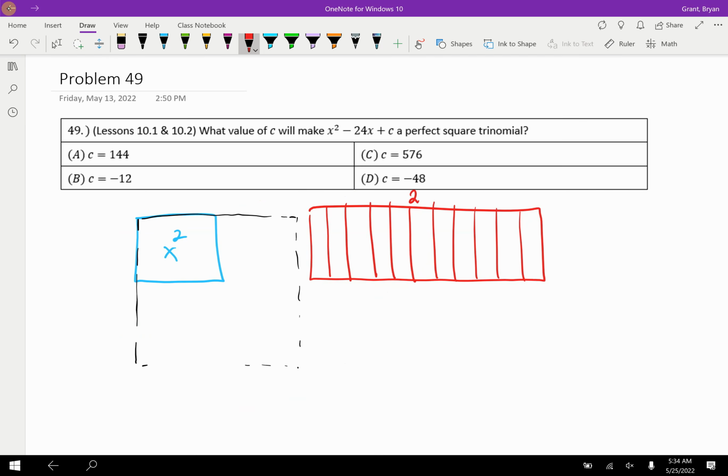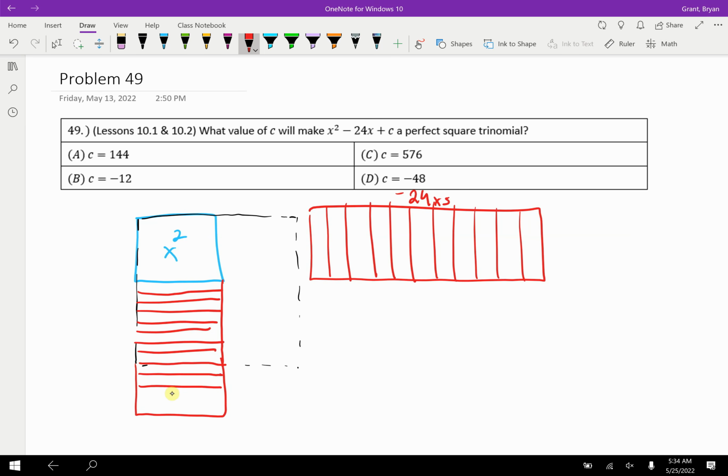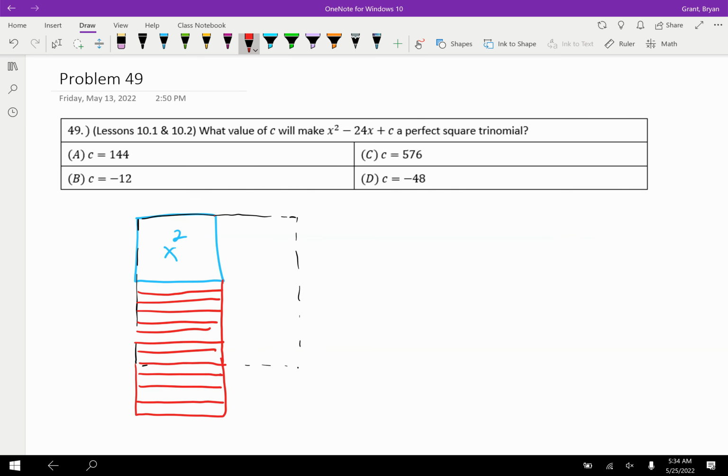So if this was 24 x's, or negative 24 x's in this case, then we need to put 12 of them here. 1, 2, 3, 4, 5, 6, 7, 8, 9, 10, 11, 12. There need to be 12 x's there, and we need to put 12 on this side.